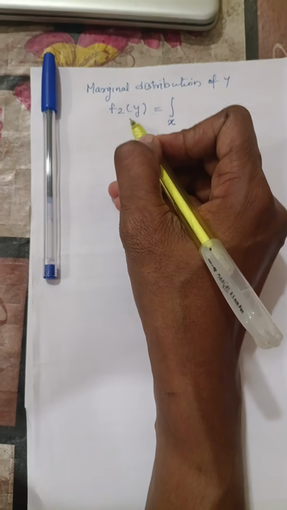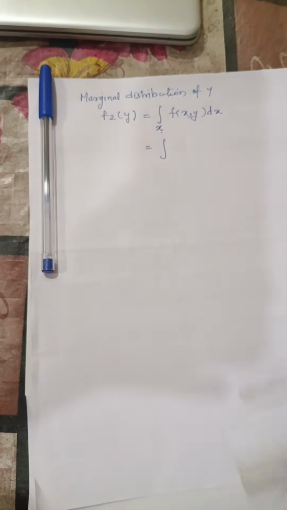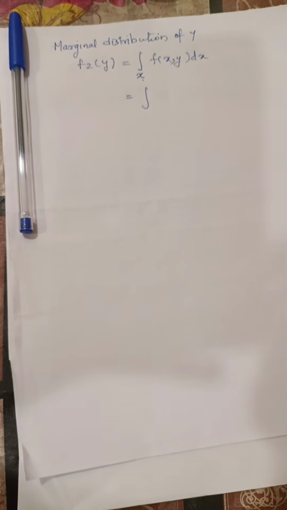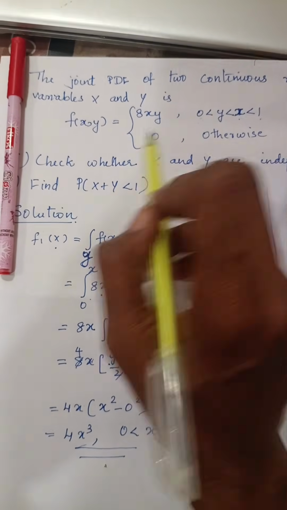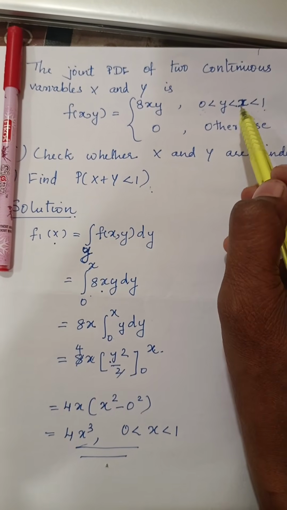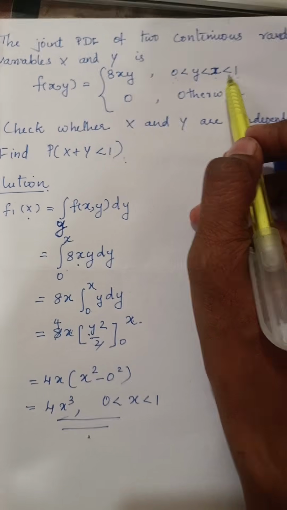If you want to find the marginal distribution of y, you have to integrate f of xy with respect to x. So what is the limit of x? The limit of x is from y to 1.